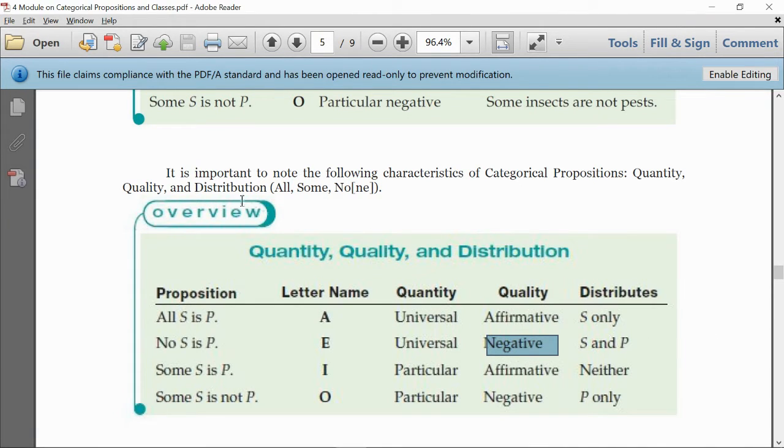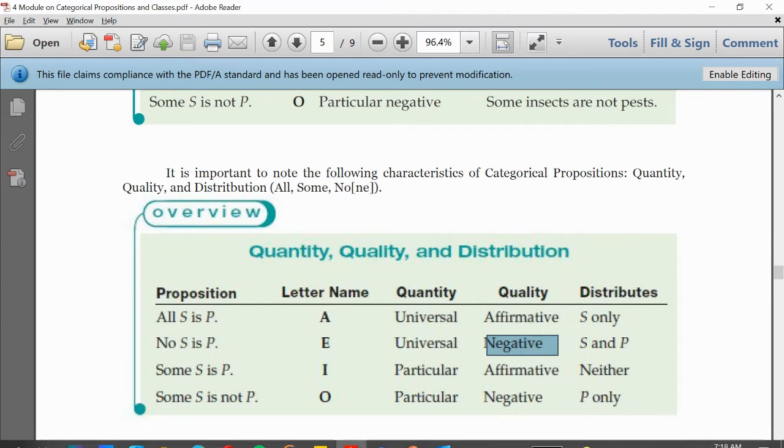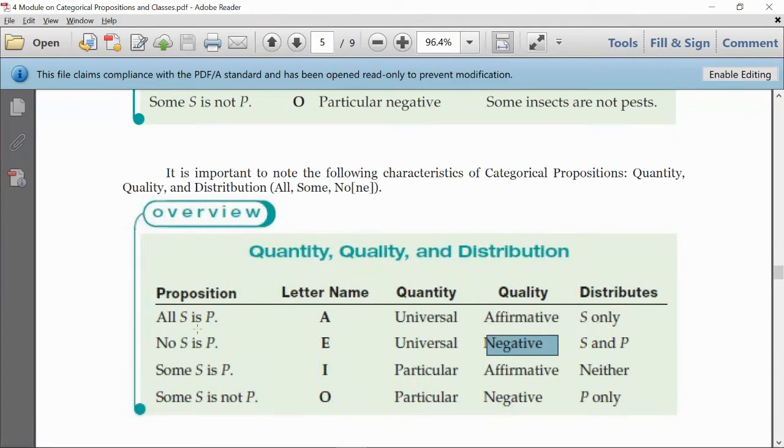Anyway, lastly, we have the distribution. Distribution would only mean whether the terms all, some, or none of them in the class are included in the said class. For example, in the proposition "All S is P," the distribution will be only on S, the subject class. Why?